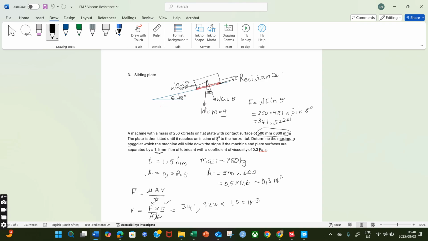I've converted this to meters. And then we divide this by the area, which is 0.3, times the coefficient of viscosity, which is 0.3.